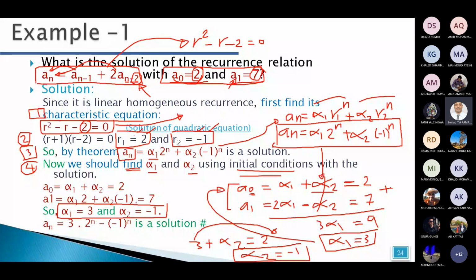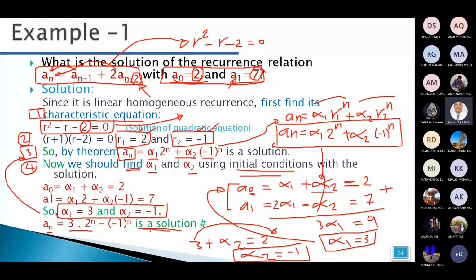After you get the values of alpha 1 and alpha 2, put them in the solution here, and instead of alpha, put its value. So a_n equals, instead of alpha 1, 3, so 3 multiplied by 2 power n, minus 1, because alpha 2 is minus 1, so minus 1 power n.